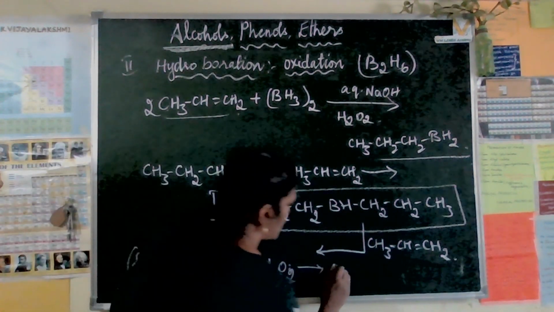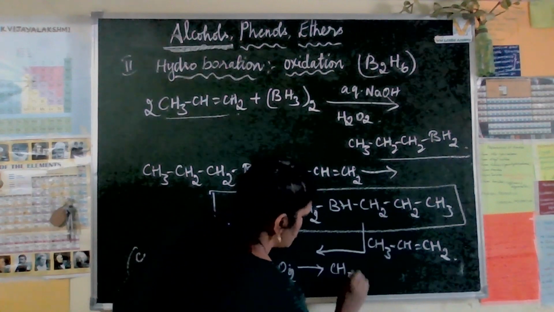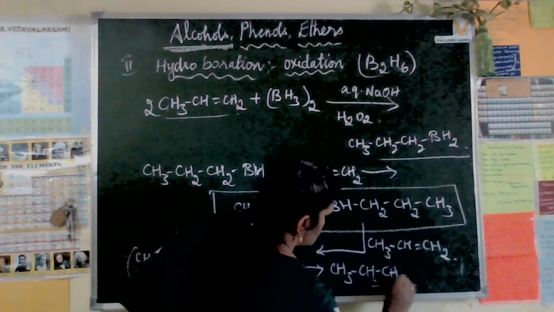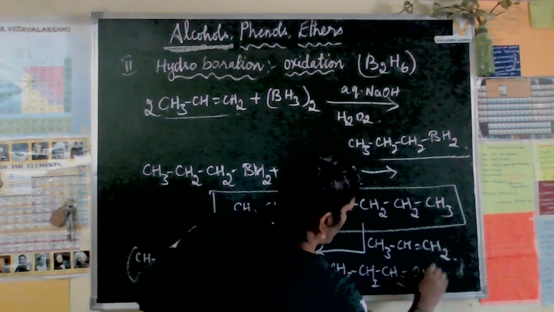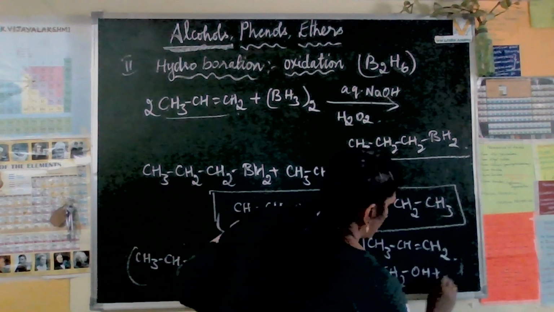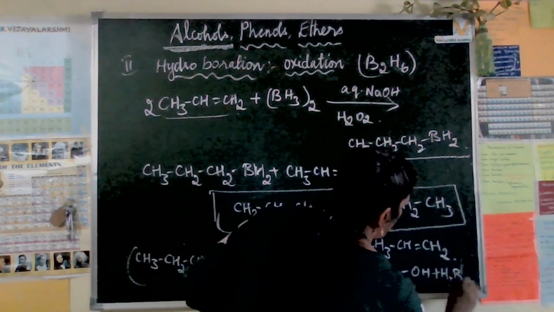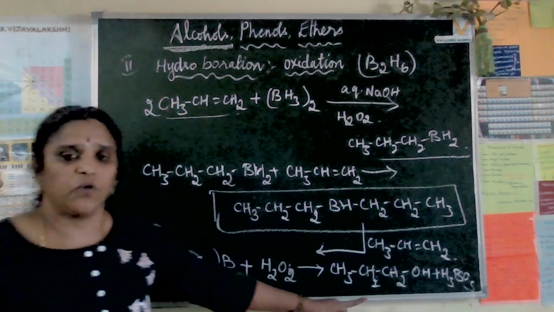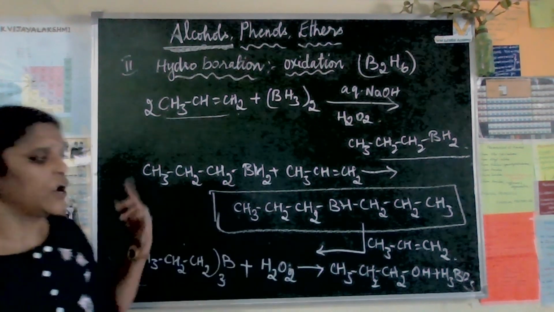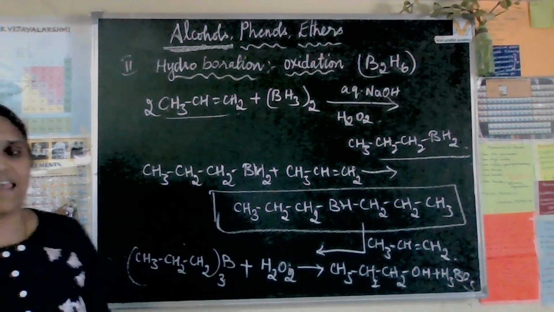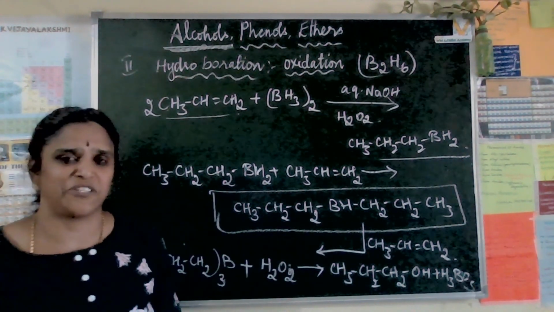Here you will get propyl alcohol, CH3, CH2, CH2, OH. And what other product are you receiving? You are getting H3BO3, that is orthoboric acid. That is very, very important. How do we get orthoboric acid from alkene? They may ask such a question also.